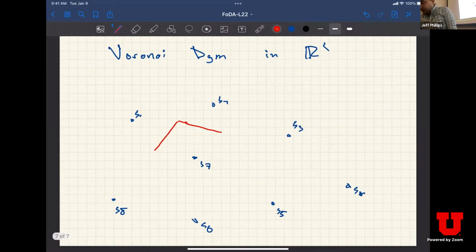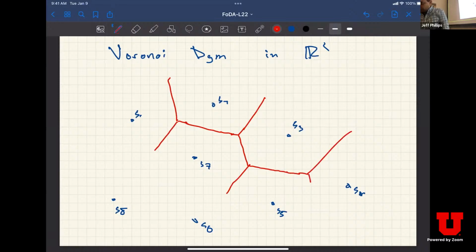And what happens is you get these nice intersections like this, okay? Looks like I'm doing pretty good here.